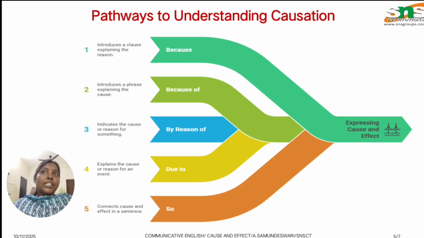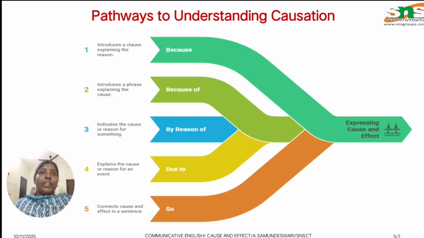With this slide you can understand that in a sentence, cause or effect expressions can be used in any part of the sentence. If you want to highlight the effect first, in that case you can use the term because or because of. For instance, he became obese because he eats too much of sweets.